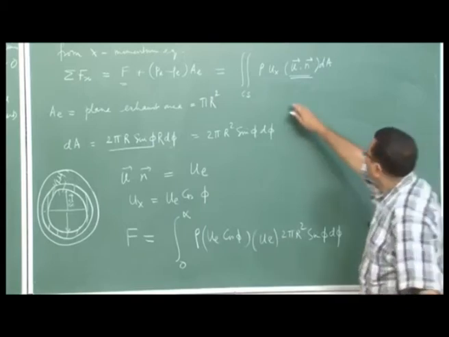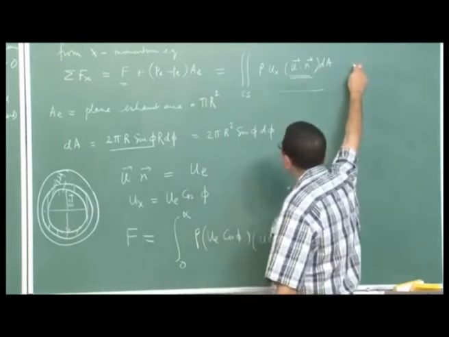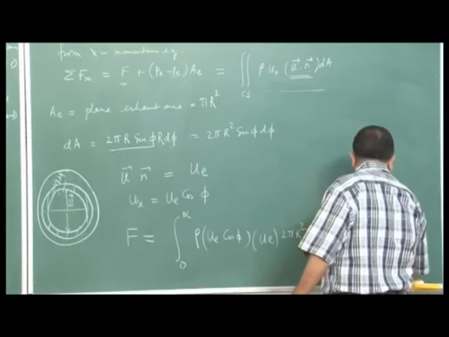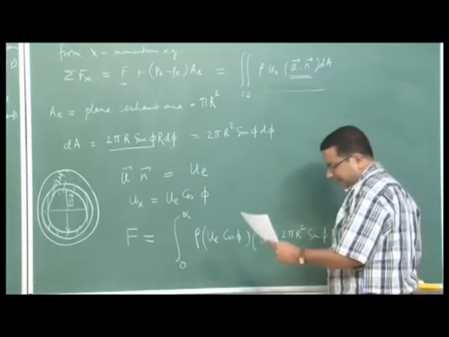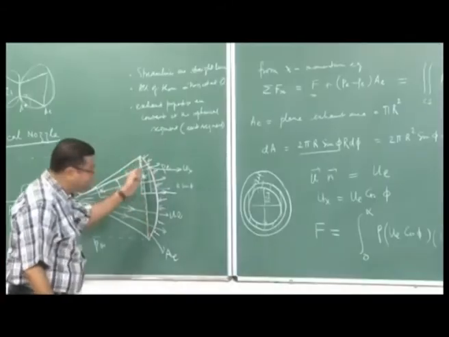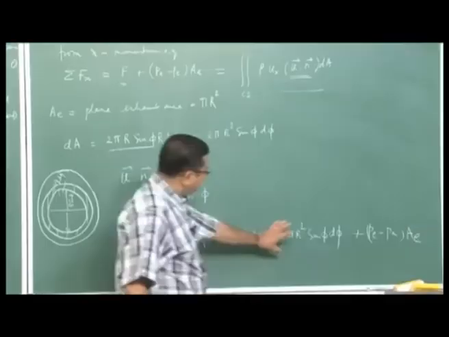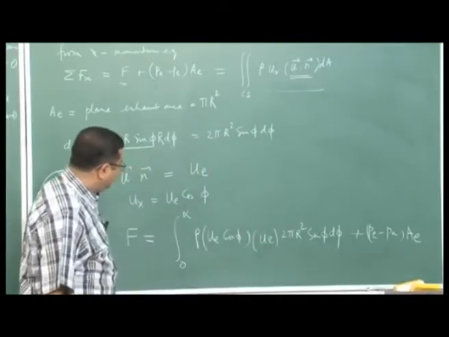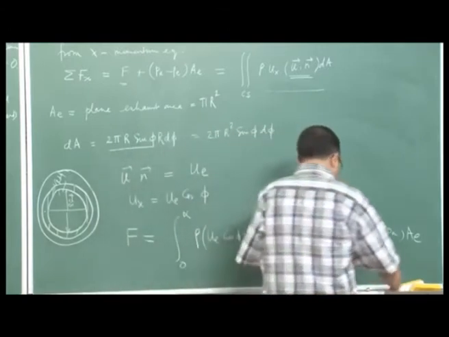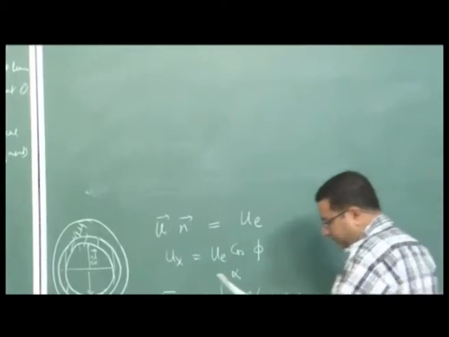That is this term, and this will now be taken to the right hand side. This becomes equal to P e minus P a times A e, where A e once again is the projected area here. So, this is our thrust expression now. If we can integrate this, we have an expression for the thrust. It is a pretty straightforward integration.